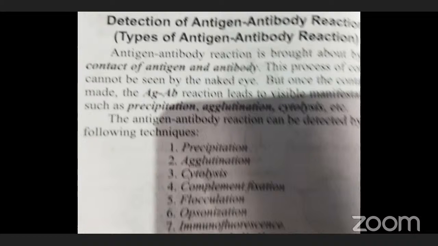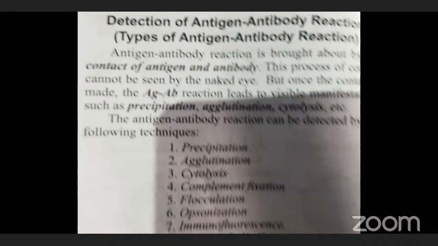Just now I told you antigen antibody reactions can be compared to the lock and key system. A standard lock can be opened by its own key only, as one antibody can react with its own antigen only. That antibody does not bind with other antigens. Antibodies can react with only their own antigens. This is called specificity.